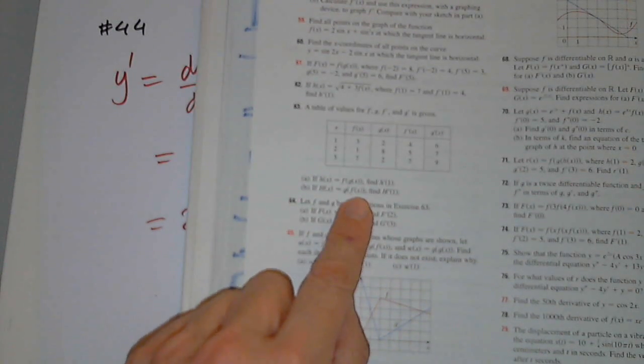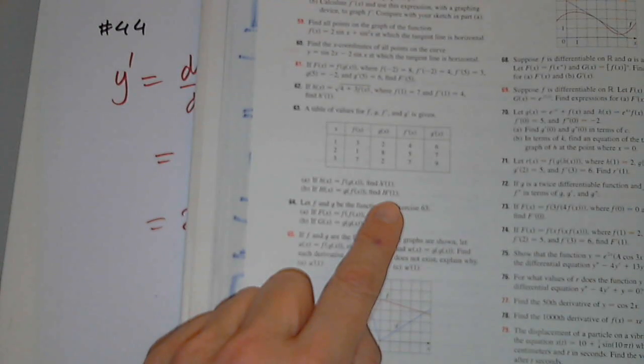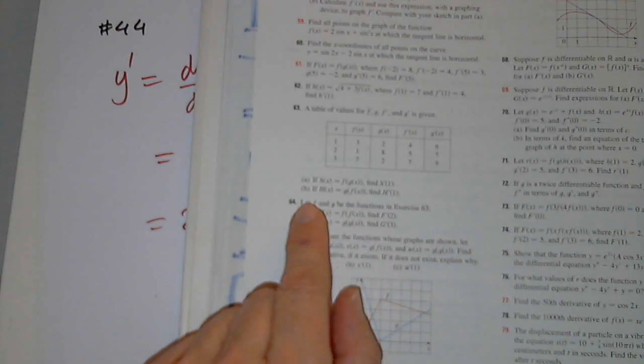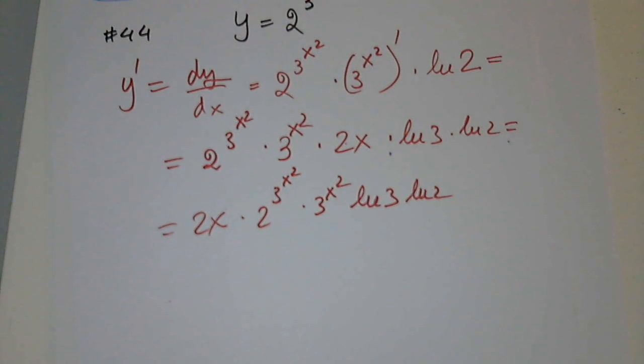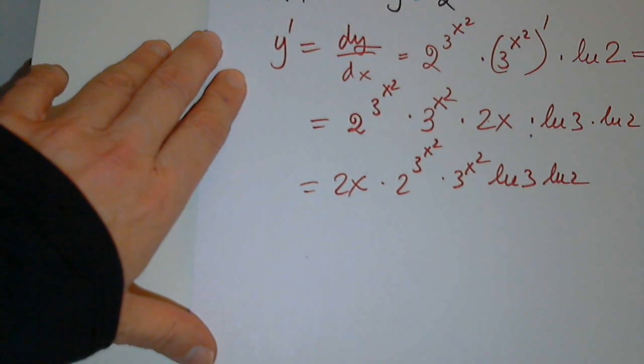If h of x is g of f of x, they're asking us to find h prime of 1. Well, I can determine h prime of 1 before I determine h prime of x. Correct. If I don't have the function, I can plug in anything. So let's first differentiate the function and then plug in 1 and see what we are looking for. Good. So remember, we cannot plug in anything before we get the function.